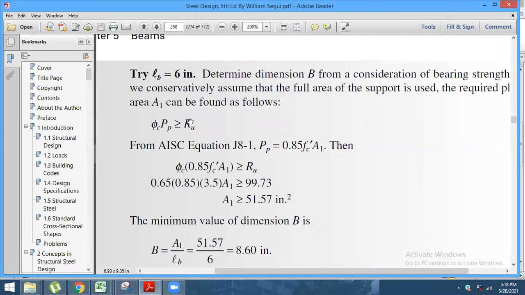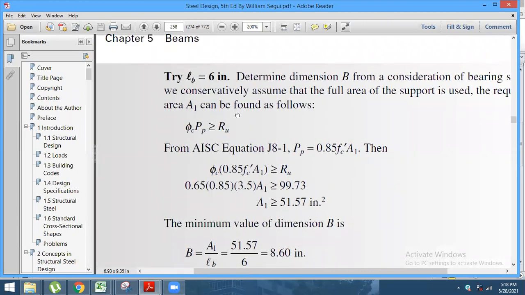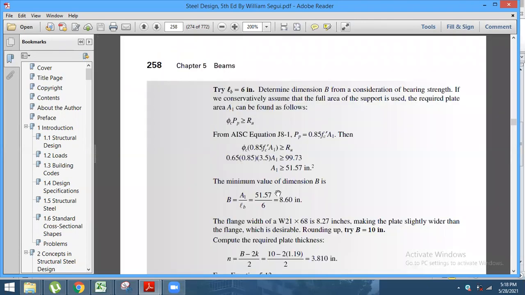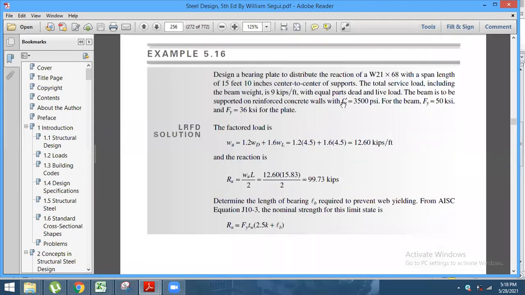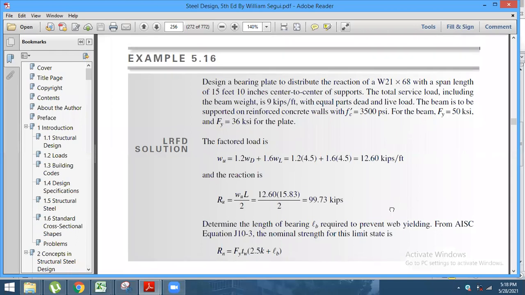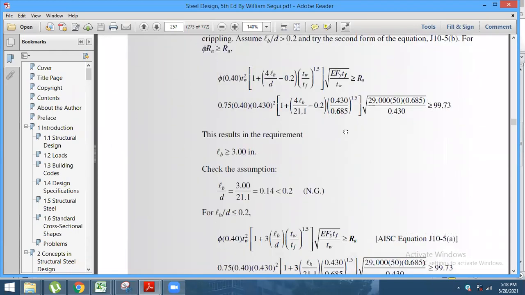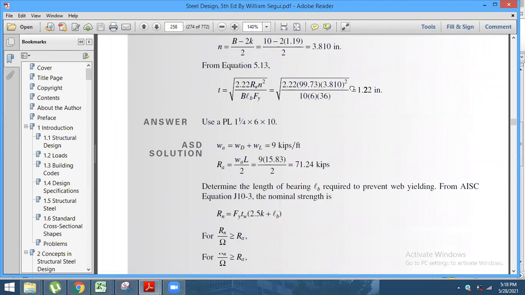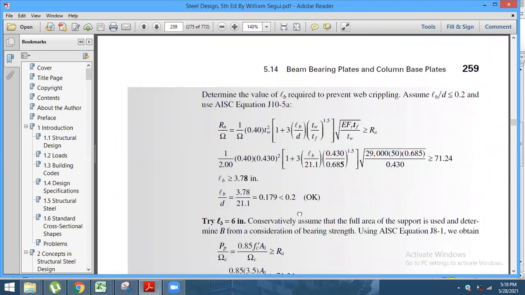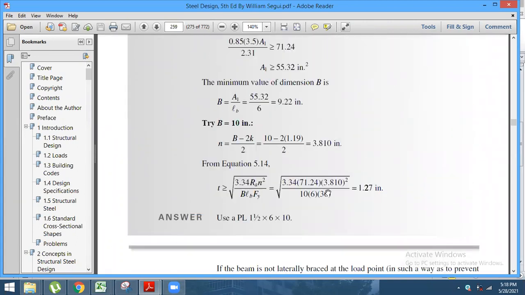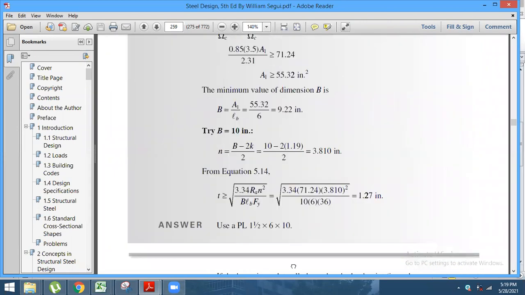Required plate area A1 can be followed as follows. So, na-assume niya na 6 inches na. Okay? Full area. Nakalapat ng buo yung steel plate natin doon sa konkreto na support natin. Okay?